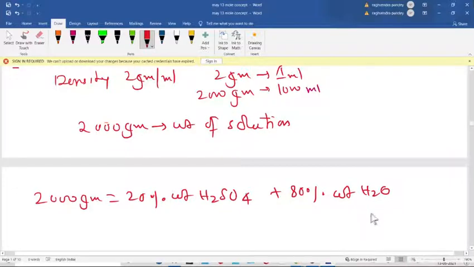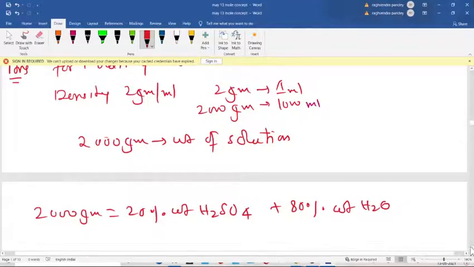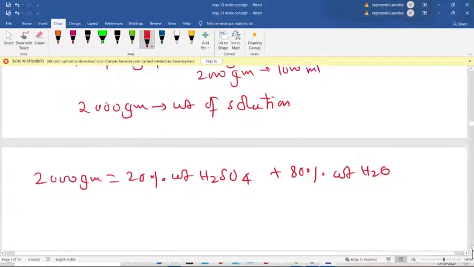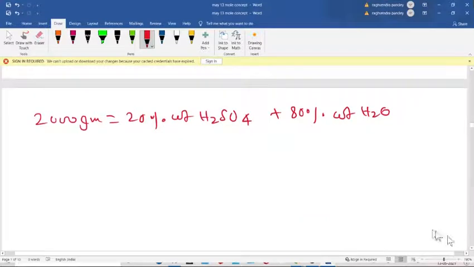Yes. Please ask. So here in 2000, that molarity you got. Now 20% is the weight of H2SO4, 80% is the weight of water. Everybody getting this one? So what is the weight of H2SO4 out of 20%?